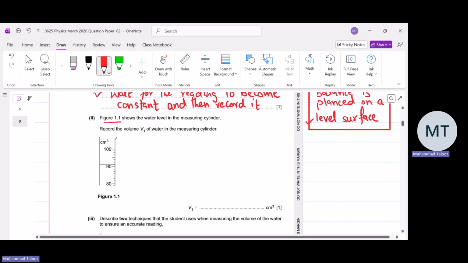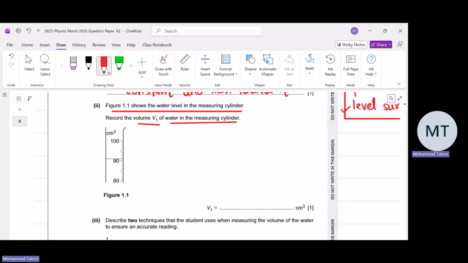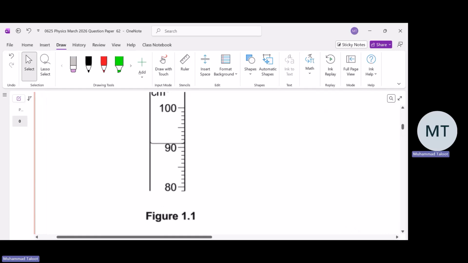Figure 1.1 shows the water level in the measuring cylinder. Record the volume V1 of water in the measuring cylinder. So dear students, if I zoom this picture, you can see here we have 10 divisions between 90 and 100. So this is indicating that one division is equal to 1 centimeter cube.